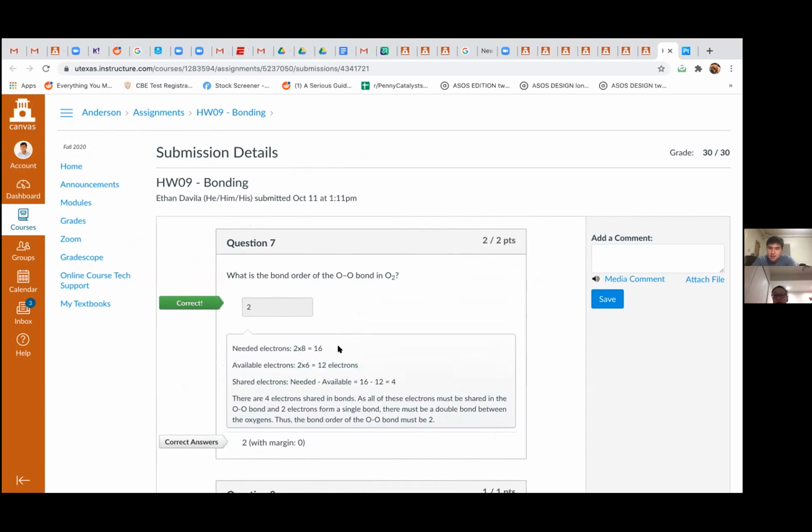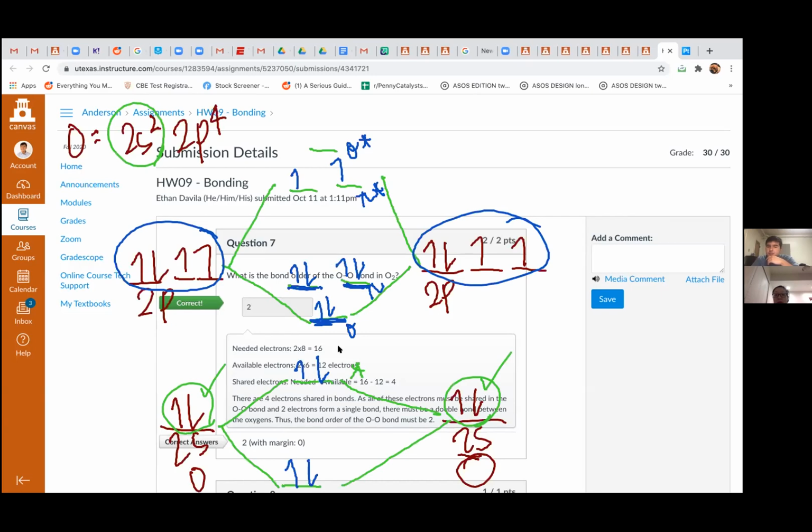And then you count. Oh, wait, hold on. Undo. So then it was number of bonding minus anti-bonding, right? So I have 1 that's bonding, 2, 3, 4. 4 that are bonding, minus 1 that is anti-bonding.